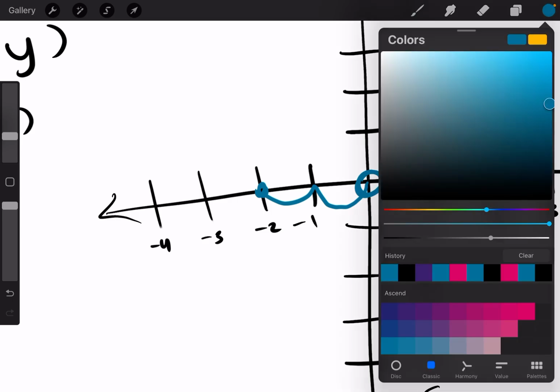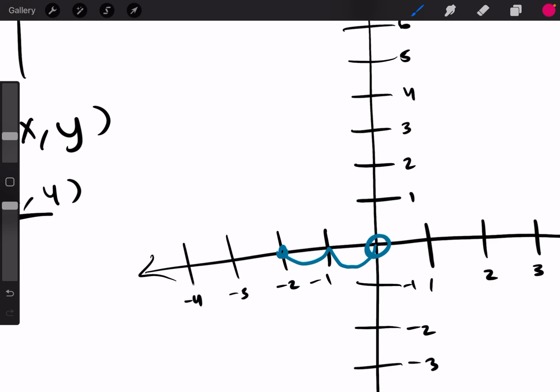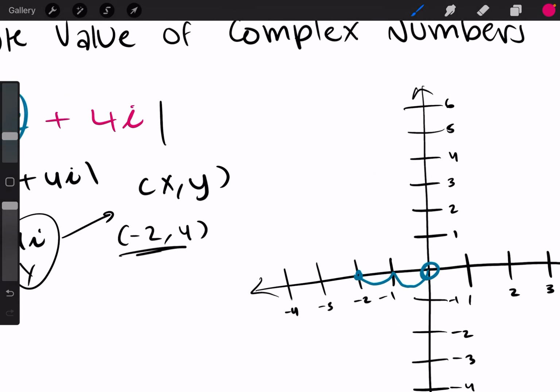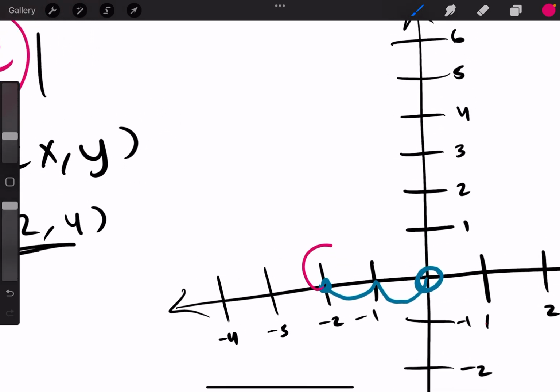Now we're going to go up. You can go either way, but I'm going to do it like this just for now. So 4, I made it magenta, and it's +4. So let's go up 4 times on the graph: 1, 2, 3, 4. Right here is the point.